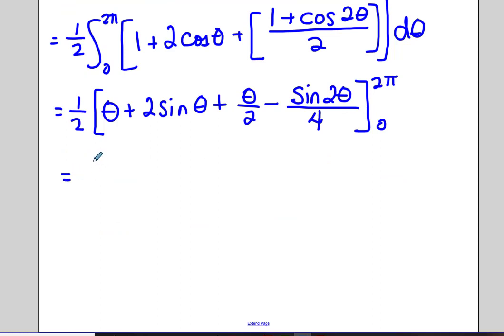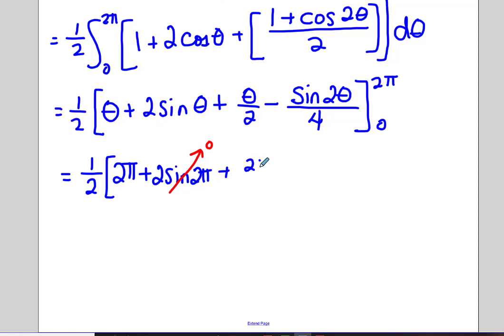And then using our a and b values for the fundamental theorem, we've got 2 pi plus 2 sine of 2 pi, which goes to 0, plus 2 pi over 2, plus the sine of 4 pi divided by 4, and again this goes to 0.